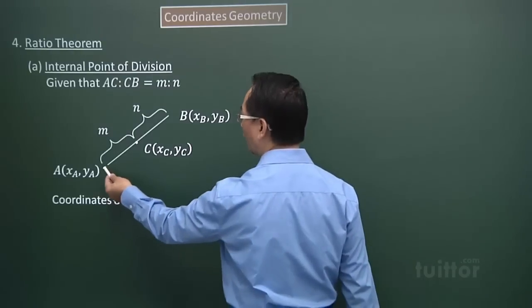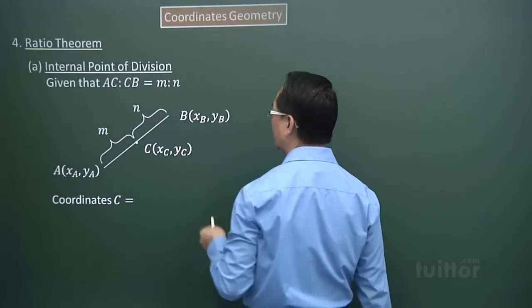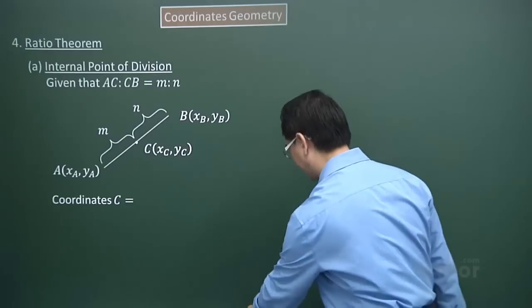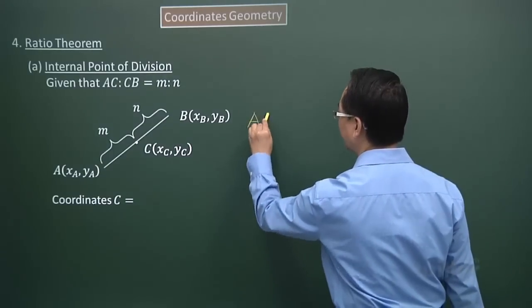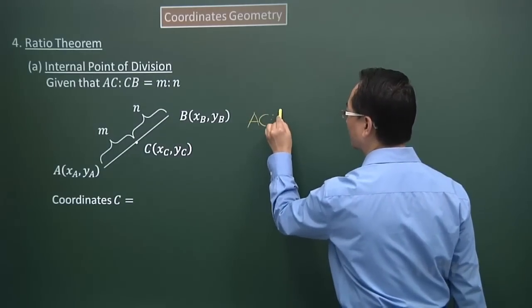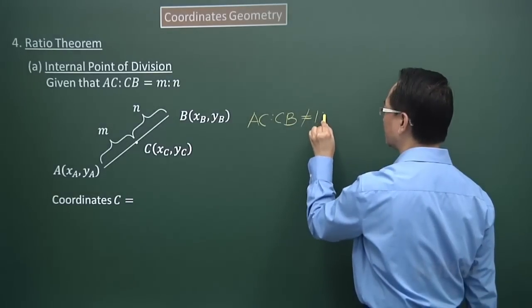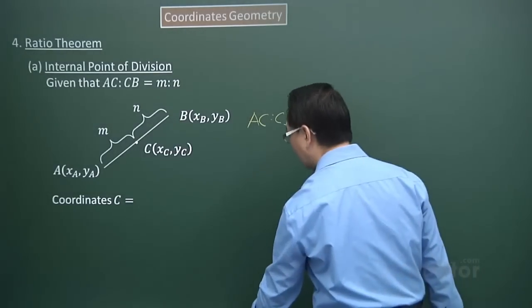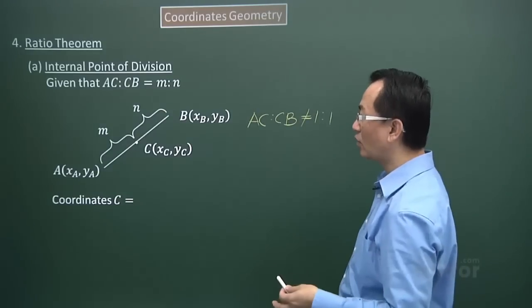But the ratio of AC is to CB is not 1:1. If that is the case, then there must be a way to cope with it.